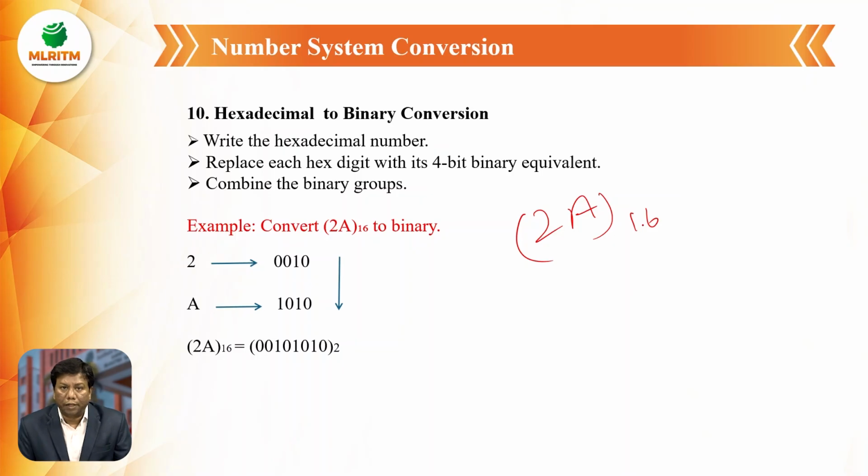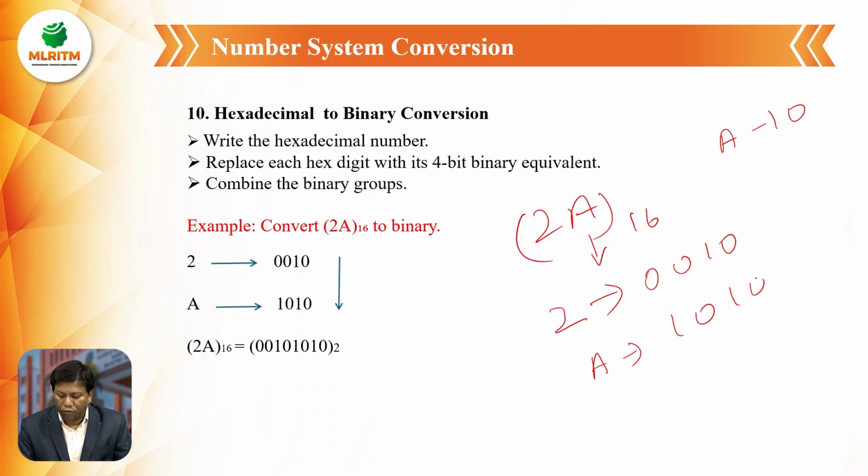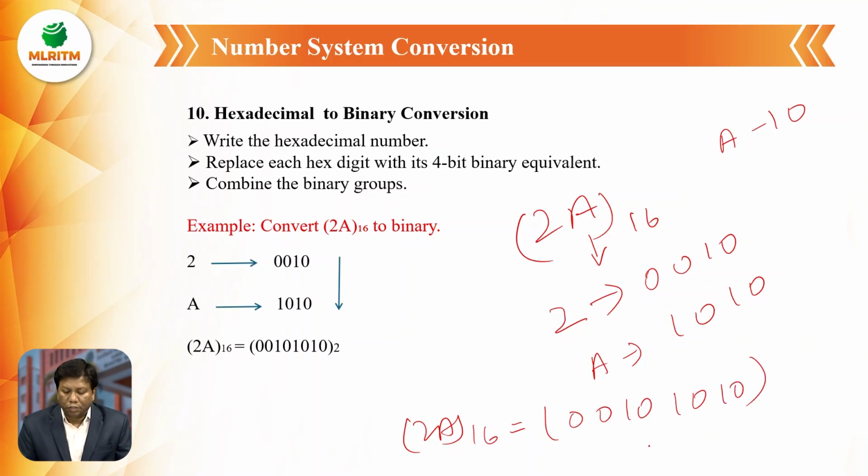In hexadecimal, A is 10. 2 in 4 bits we can write as 0010. For A we can write 1010. Then the final result for 2A to the base 16 equals 00101010. That is your final result for binary conversion.